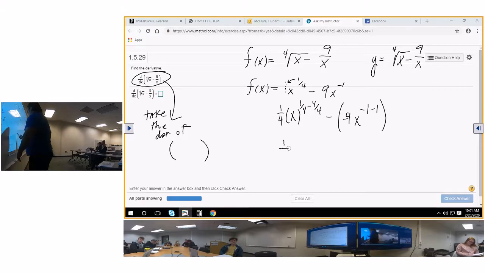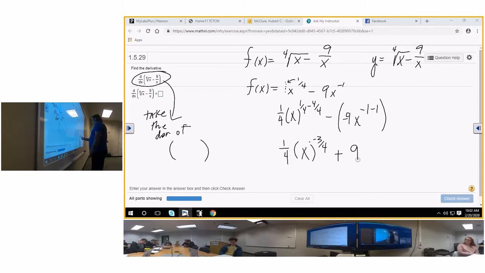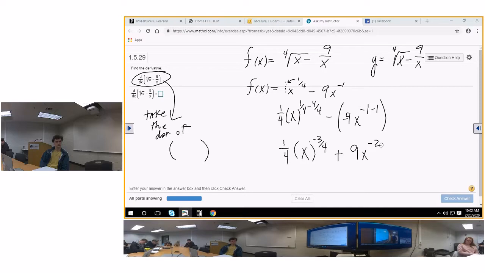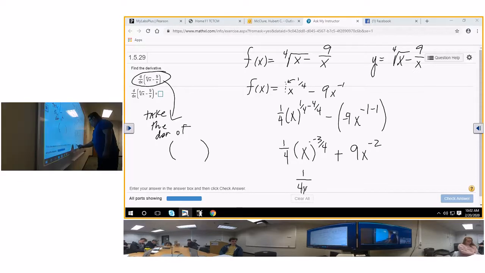So 1/4 times x to the negative what? 3/4 plus 9x to the -2. Everybody with me? Now, 1 over 4x to the 3/4 plus 9 over x squared.